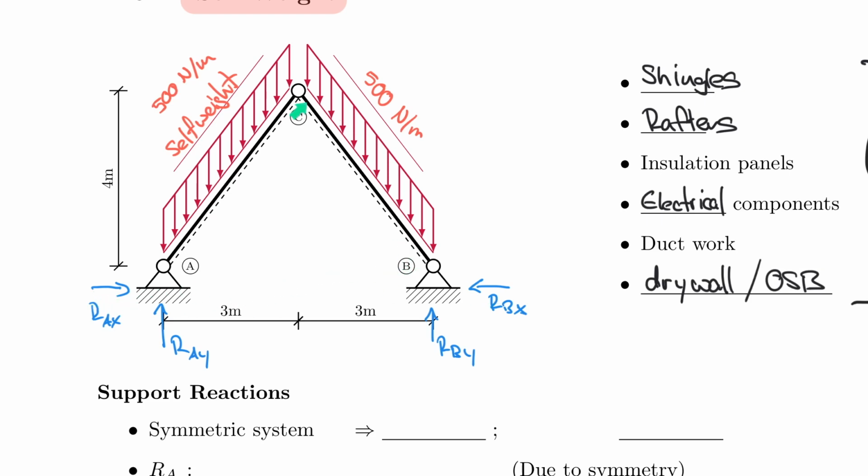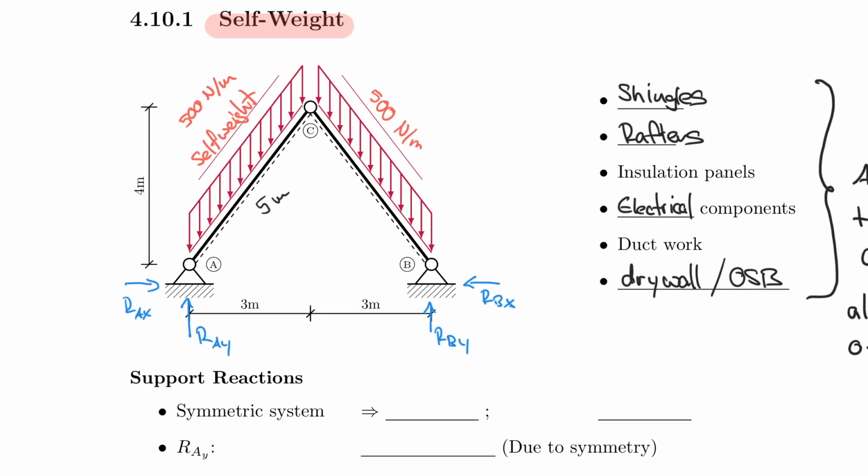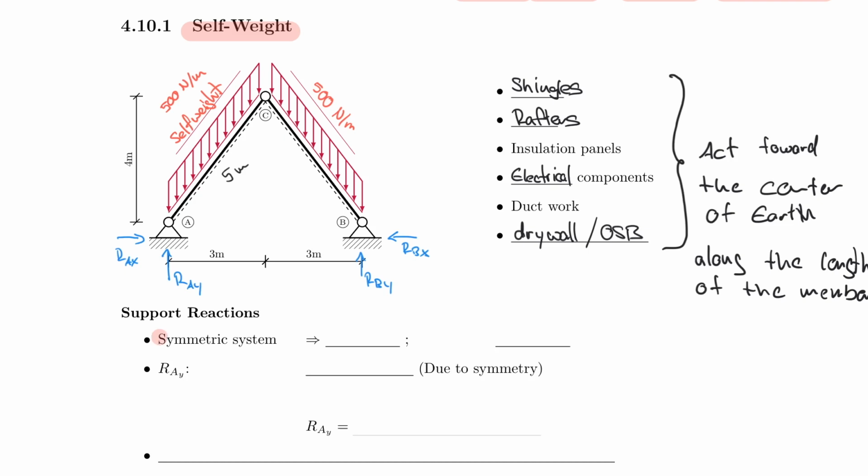What's important for us here for the first non-orthogonal frame that we look at is that it's also a symmetric system. In fact, it's a very easy symmetric system because it has a triangle of 3, 4, and 5. So the length along that beam is actually 5 meters. So we have 5 meters here, and we can say that we have a symmetric system.